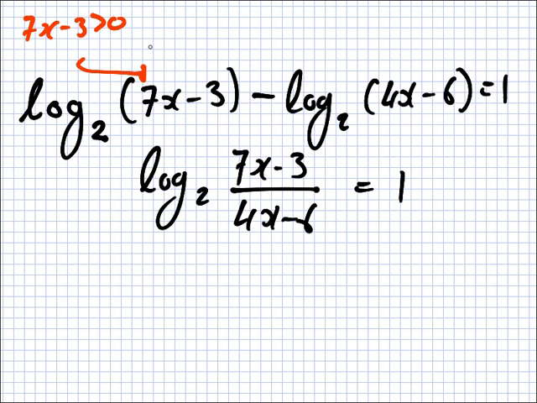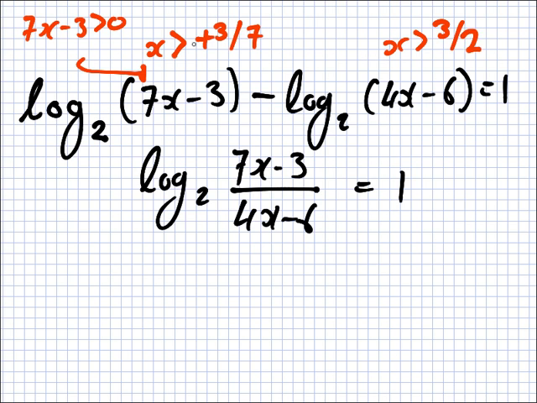So that means x must be more than 3 over 7. And likewise here, x must be more than what? More than 6 over 4, which is the same as 3 over 2.